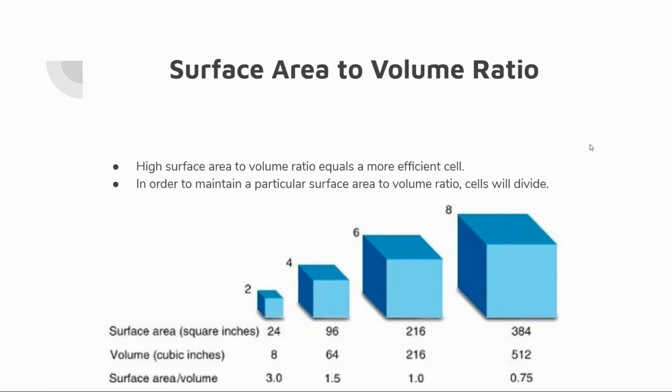That's important to know. In order to maintain a particular surface area to volume ratio, cells will divide. Just like most things that are living, there's an ideal area where things operate best, and cells are no different. There's an ideal surface area to volume ratio where cells are as efficient as they are going to be, and that's where they like to stay.